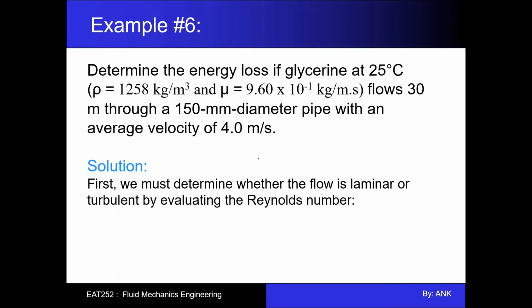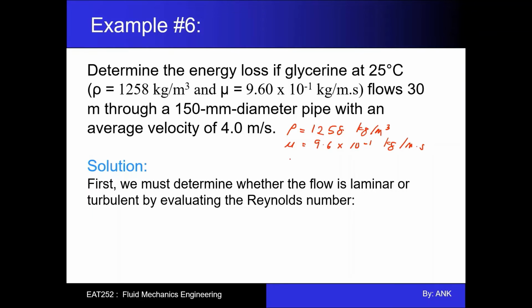First, we list up all the information for this question. We have the density of glycerin, which is 1258 kilogram per meter cube. Then we have the dynamic viscosity, which is 9.6 times 10 negative 1 kilogram per meter second.